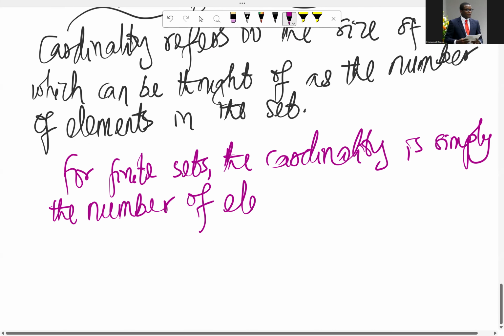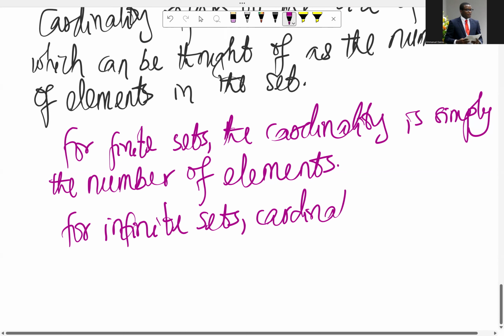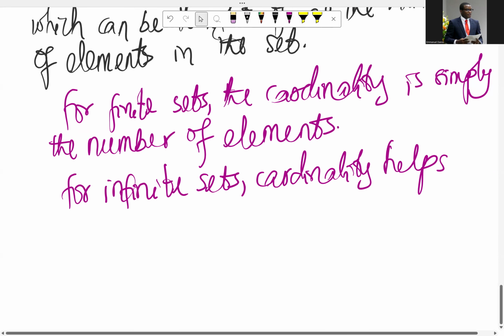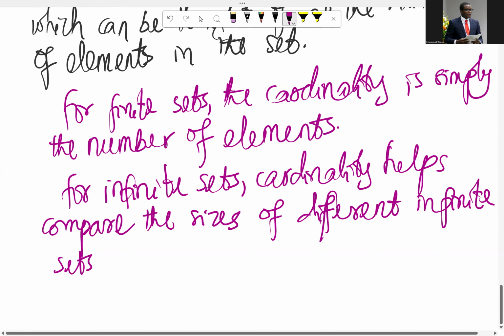However, for infinite sets, cardinality helps compare the sizes of different infinite sets. Though you cannot list all the elements, cardinality can still help us to compare the sizes of different infinite sets.